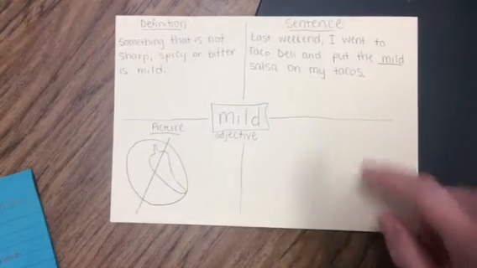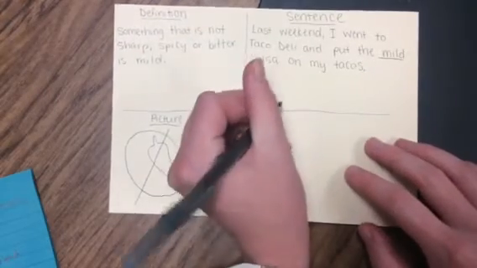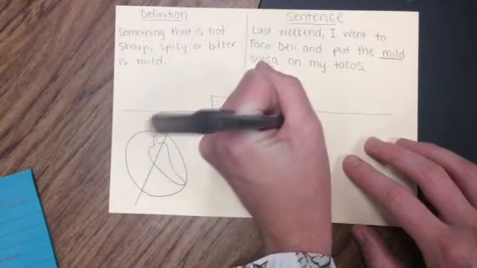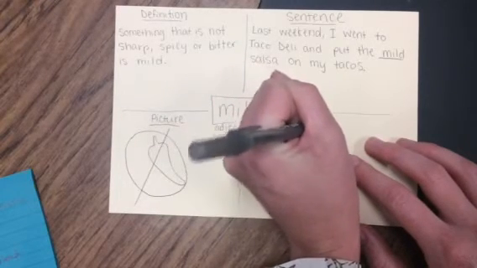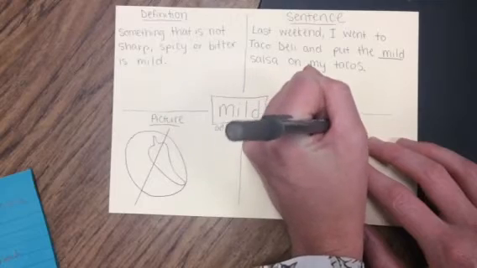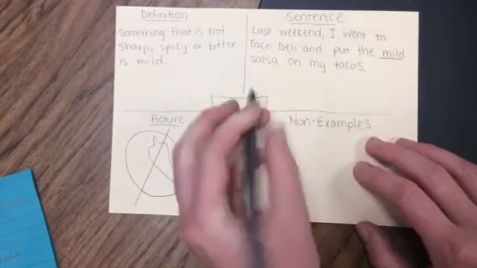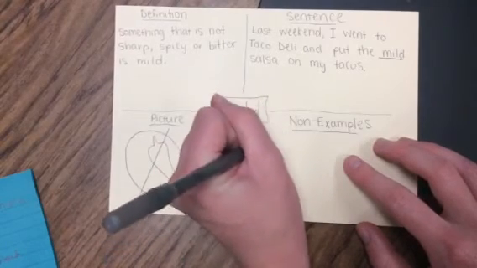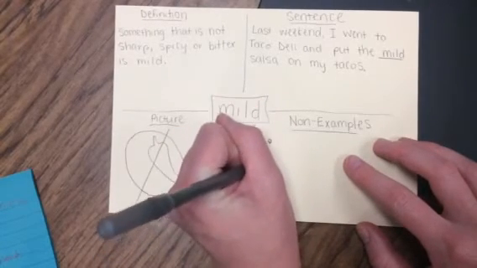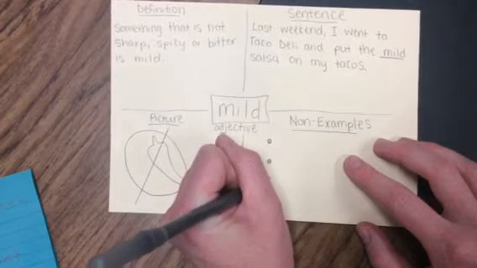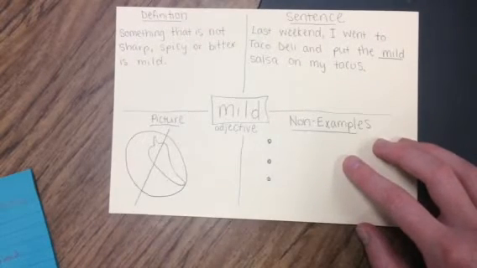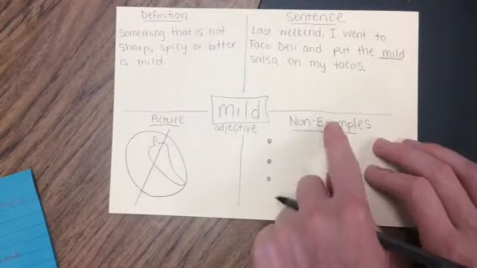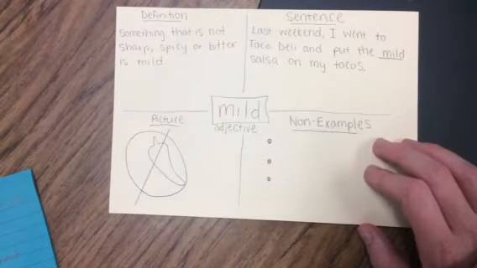Okay, for the last section, we're going to write some non-examples. So we're going to just list a few things that are not mild. So if I know mild is anything that's not spicy, sharp, or bitter, let's name some things that are not mild.